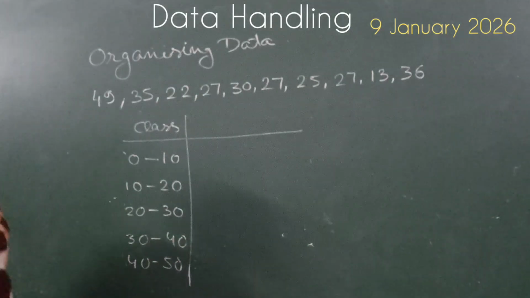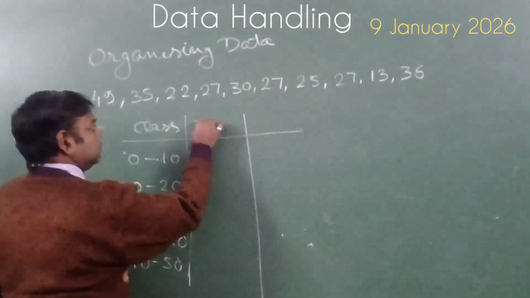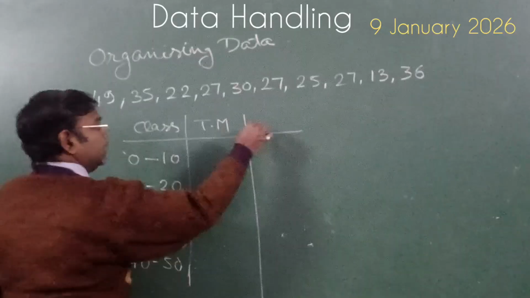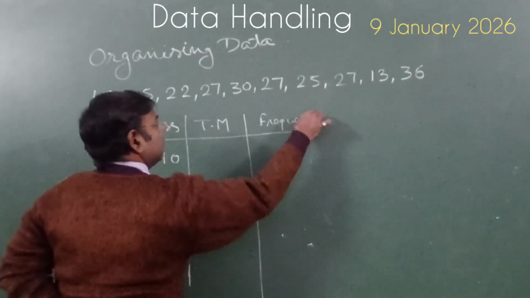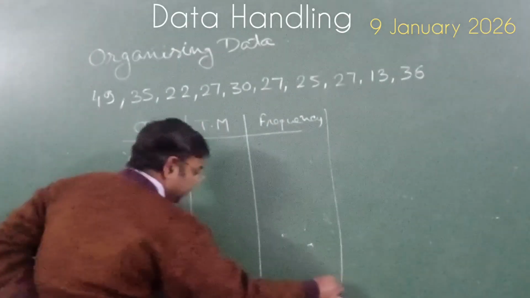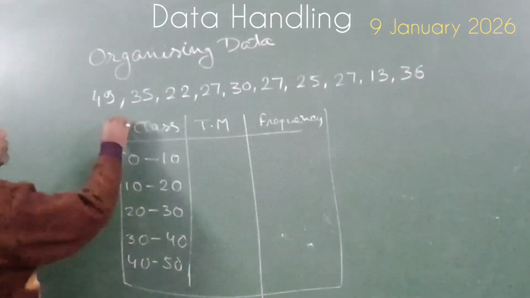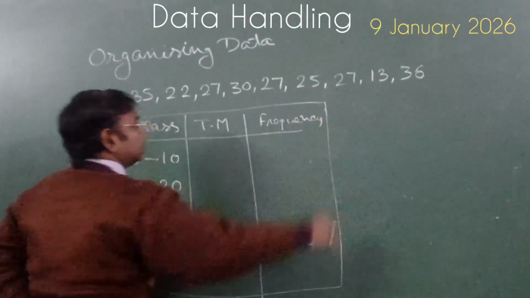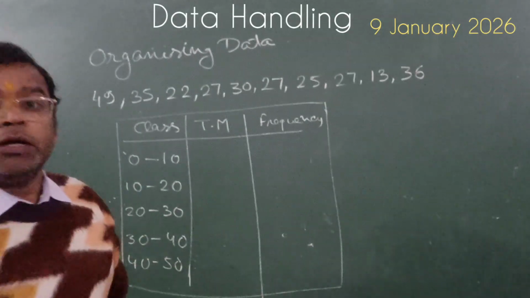There are 5 groups, and then we have to draw the tally marks and find out the frequency. In a frequency distribution table, these 3 columns are most important. Always mention these 3 columns, whether it is grouped or ungrouped data.